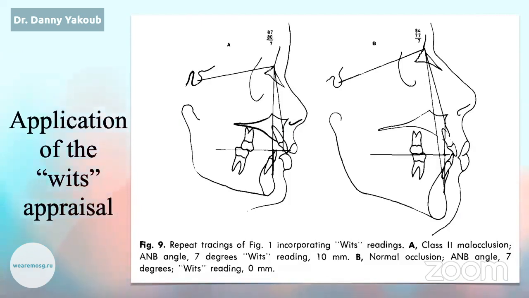But patient B has a 7 degree A and B angle, but the Wits appraisal is 0. Which is easier to treat? The patient with the Wits appraisal closer to normal is easier to treat than the patient with the same A and B angle but a higher Wits appraisal value.